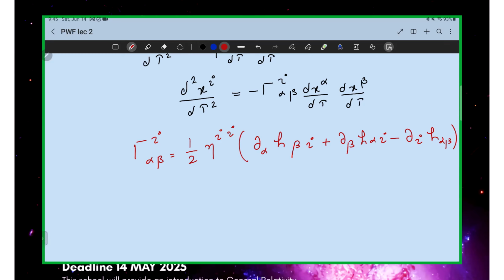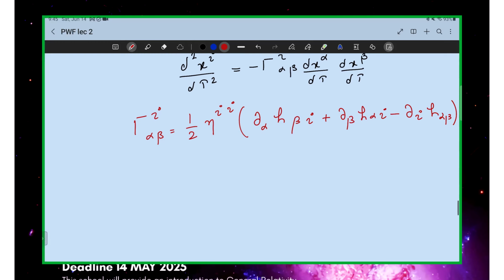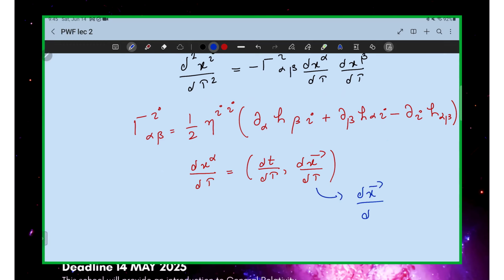Now, since we are in the stationary limit, it means that things are not moving in spacetime very much. So if you take this vector, this is nothing but dt over d tau, and this other vector is negligible, much, much less than dt over d tau.